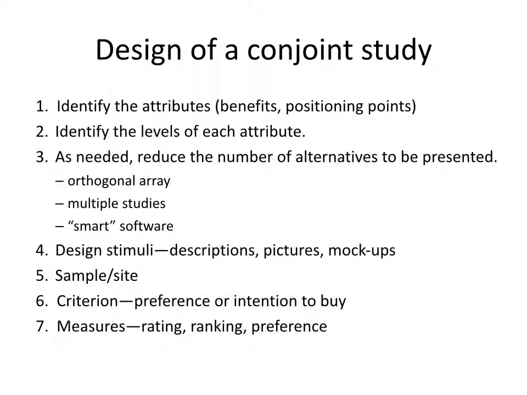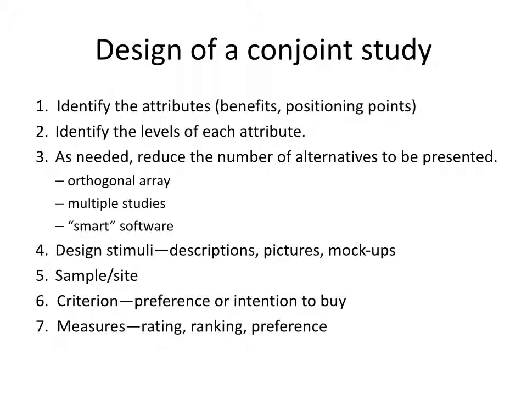Next is to decide on the criterion. We're asking people to make judgments. Usually, judgments are preference. Which of these do you like best? Which of these do you prefer? Or intention to buy? How likely are you to buy this? Or if you had these to choose from, which would you buy?